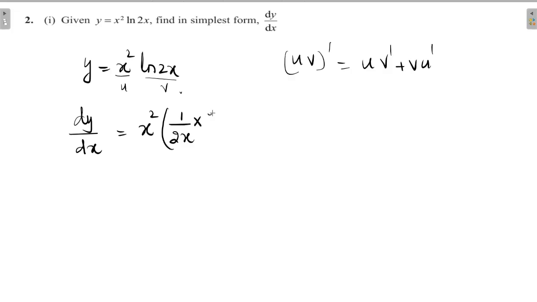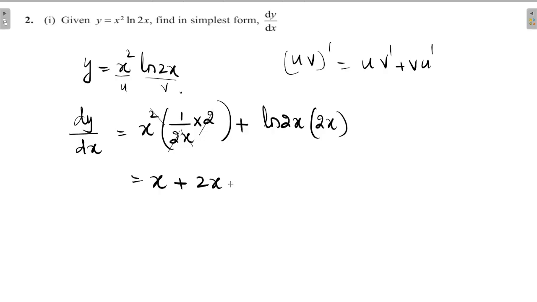Differentiation of 2x is 2 plus ln 2x into differentiation of u dash, that is first differentiation x square. Differentiation of x square is 2x. These 2 will be cancelled. 1x will be cancelled. Here is x plus 2x ln 2x. This is the first part of the answer.